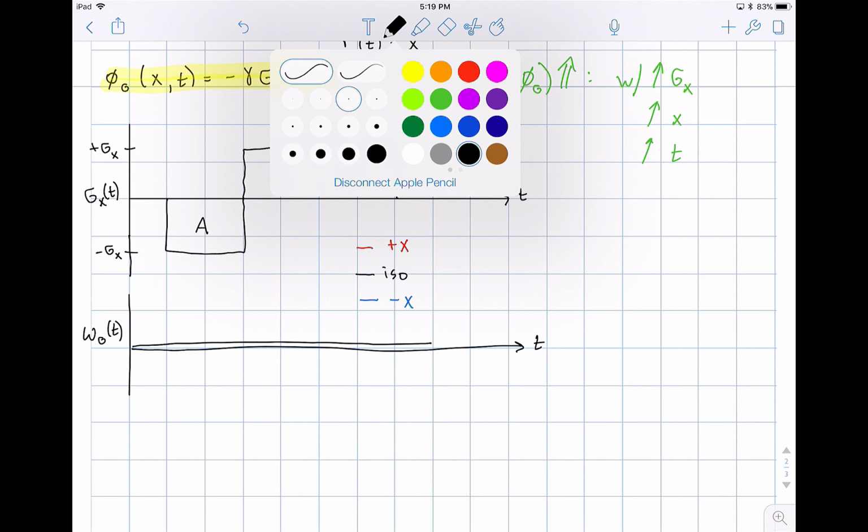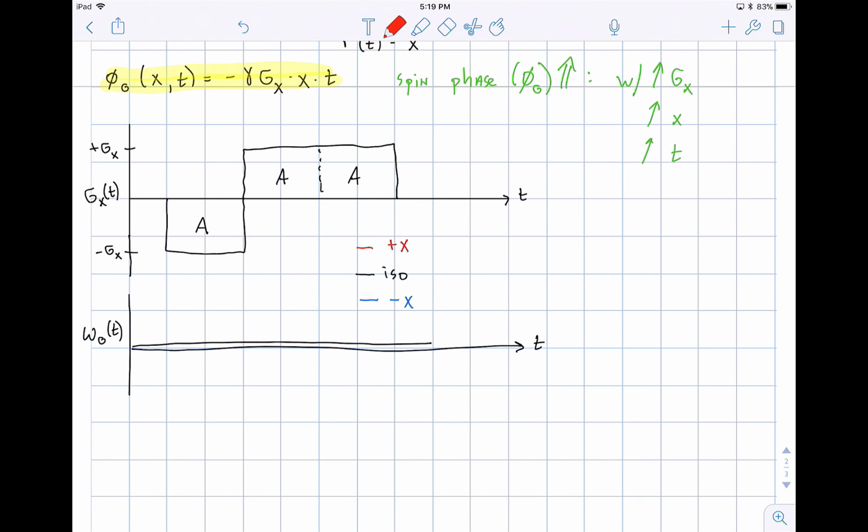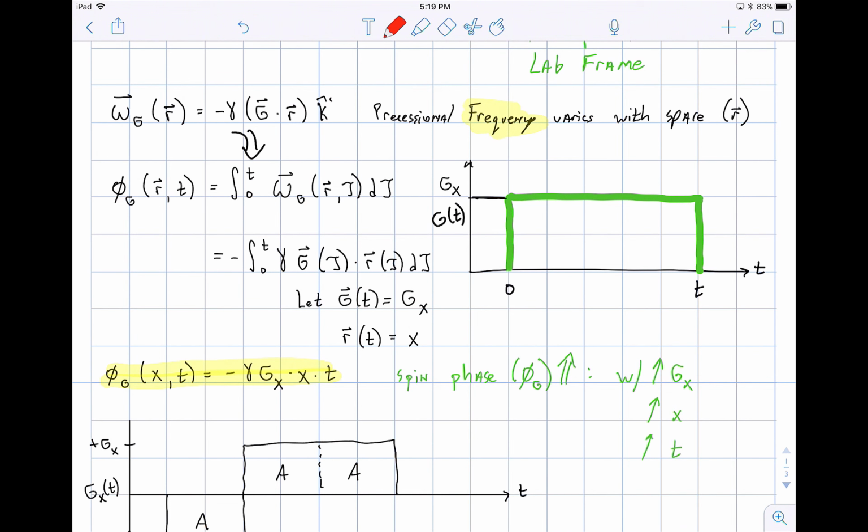So then the other thing to consider is what happens to a position that's at plus x away from isocenter. What's the frequency going to be there? Is it going to be positive or is it going to be negative? It's going to be negative because we have this negative sign in front of it. This is the expression that we're thinking about now.